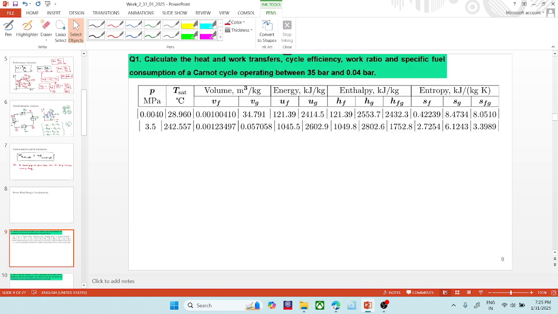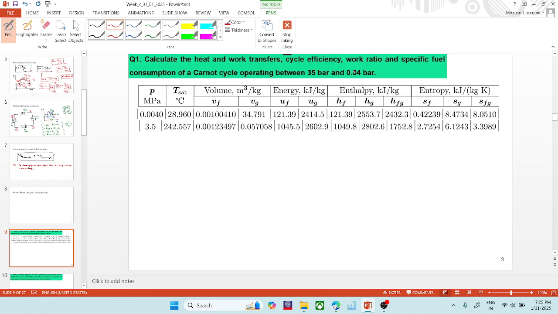Next, I will start with this problem. Although it is solved in the classroom, my aim is to show you how to read the values from the Steam table, and because of that, I have pasted the Steam table at the required pressures here.